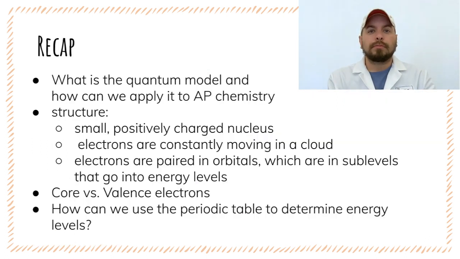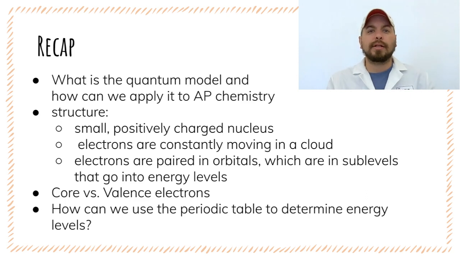So again, we're going to talk a little bit more about that later on in this unit. So that wraps up today's video. It was mostly conceptual. Let's do a quick recap. Today we learned the quantum model of the atom, which is our current model of the atom. We now understand that atoms are made of a small, positively charged nucleus containing both protons and neutrons.